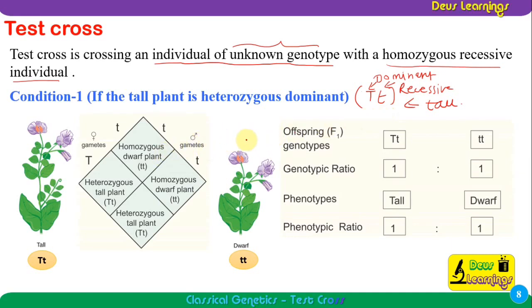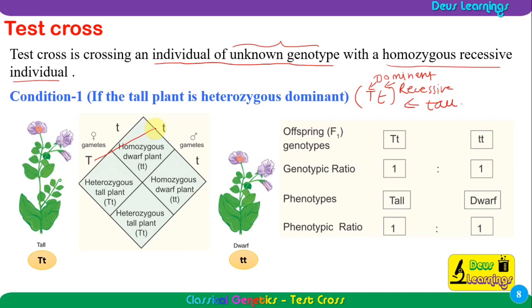So let's see what happens. The genotype ratio you get is 1:1, right?